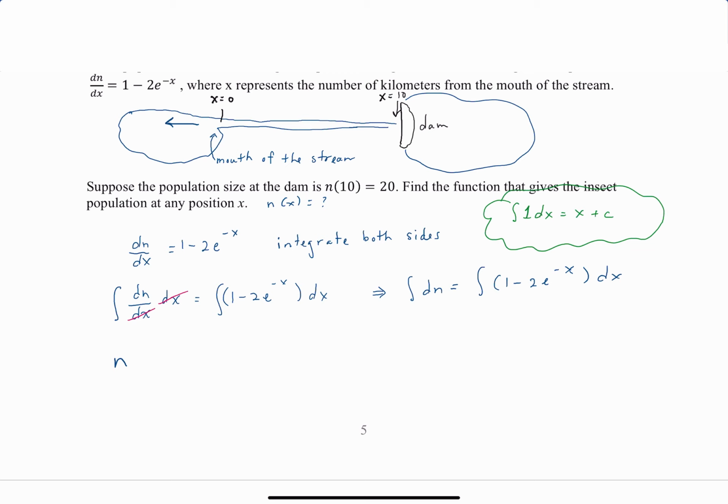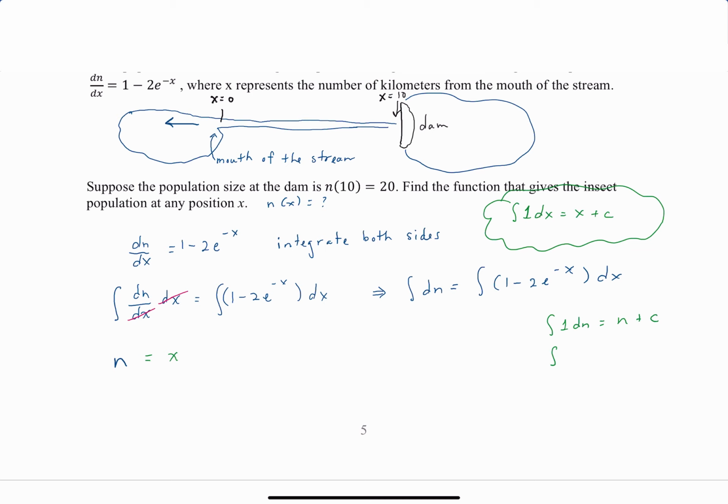So I have n equals, now let's see, the integral of 1 with respect to x is going to be x. So the difference here is that whatever variable you're integrating with respect to, that's the one that pops out of your integral.